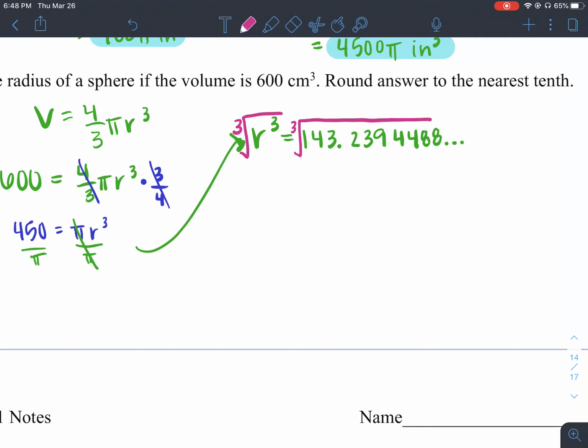You still have that radical, but now we put a little 3 in the little corner there to say, I don't want to square root it. No, I want the cube root. I want to know what number do I need to cube to get 143.2394488, and so on.